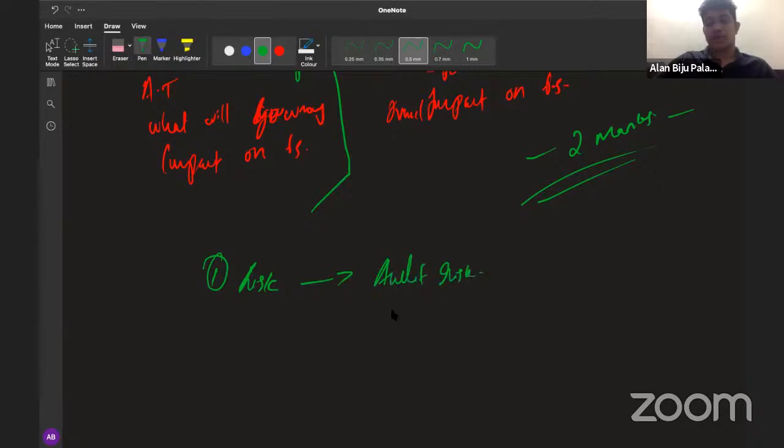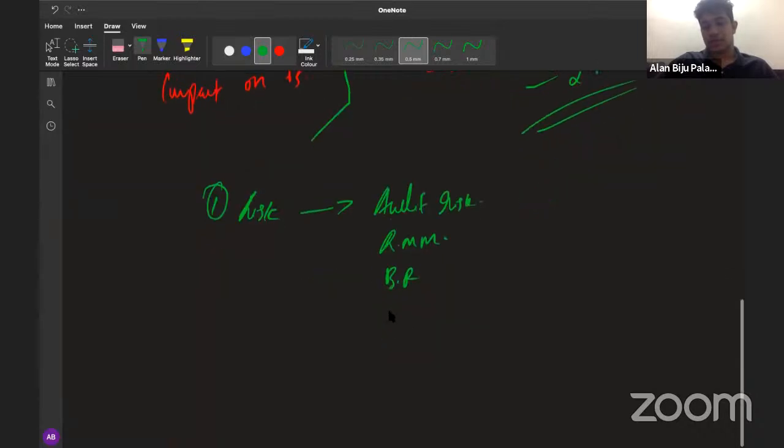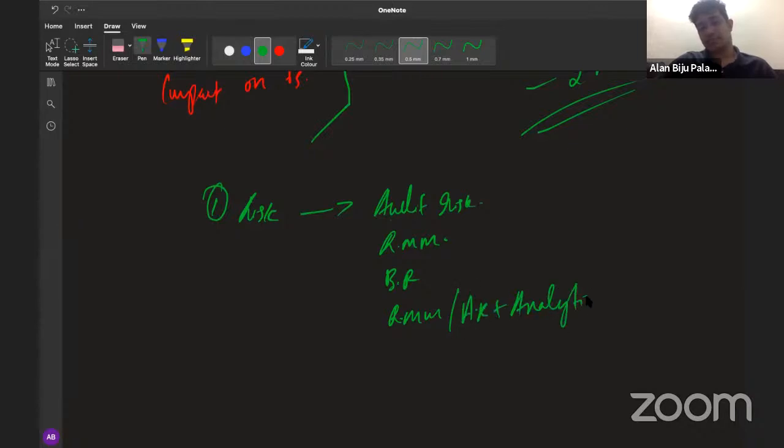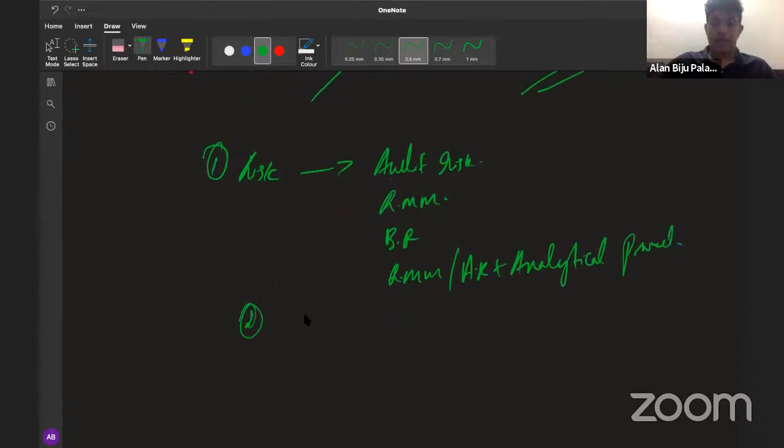There can also be chances of questions from the areas of risk of material misstatements, business risk, then risk of material misstatements or audit risk plus analytical procedures. Then second, we will be having questions on additional information, about which we have also discussed.